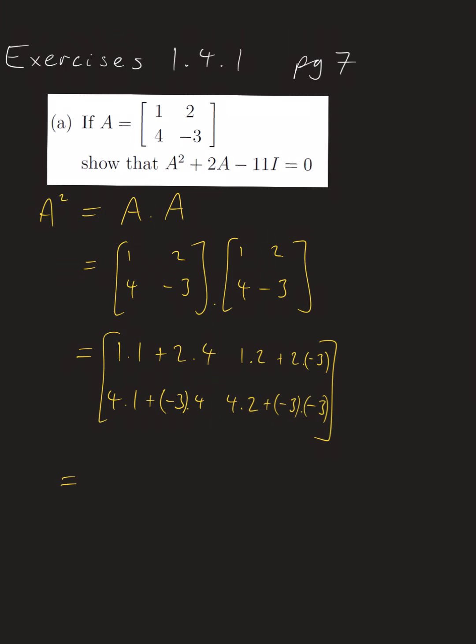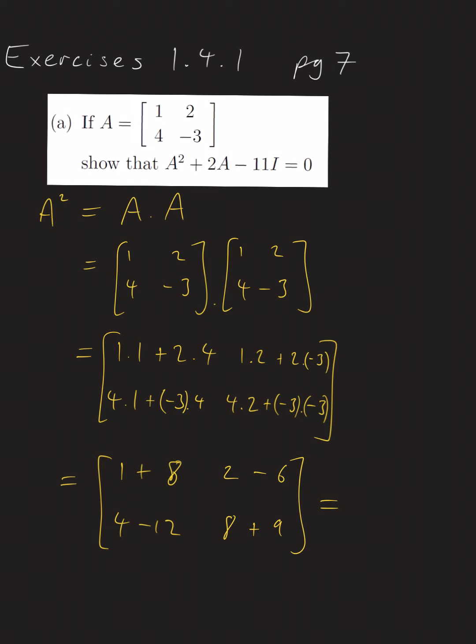Now I'll just do that multiplication. So in position 1, 1 here, first row, first column, 1 times 1 is 1, 2 times 4 is 8. 1 times 2 is 2, 2 times minus 3 is minus 6, 4 times 1 is 4, minus 3 times 4 is minus 12, 4 times 2 is 8, and minus 3 times minus 3 is plus 9.